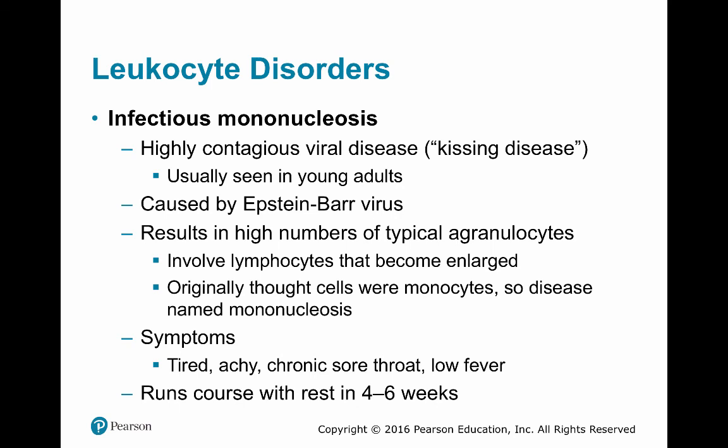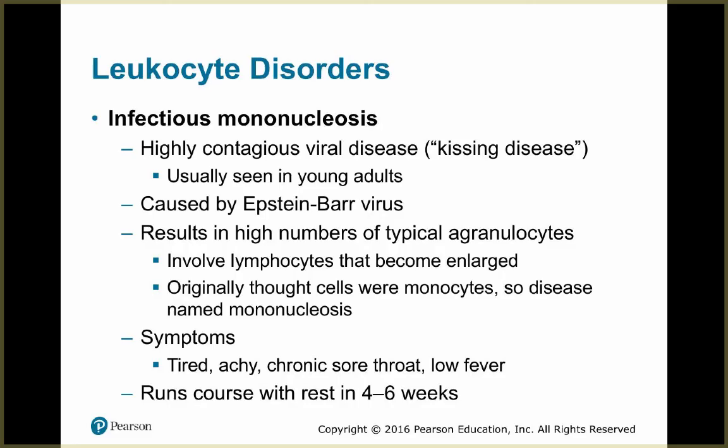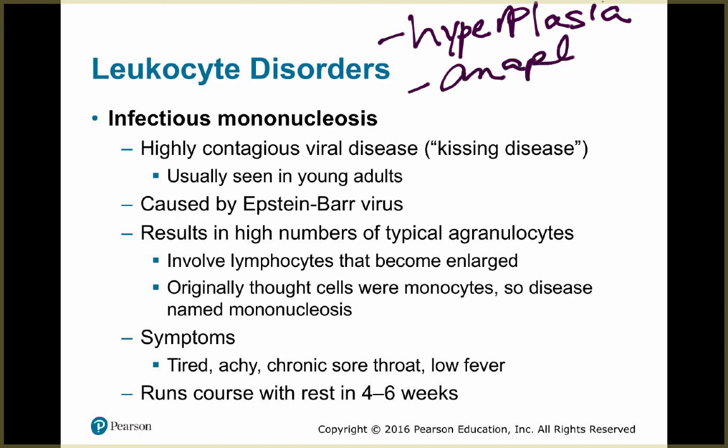And so this ends up coming into what's known as hyperplasia, which is an increase in white blood cell division, and then anaplasia, which is weird cell structure that's not normal.